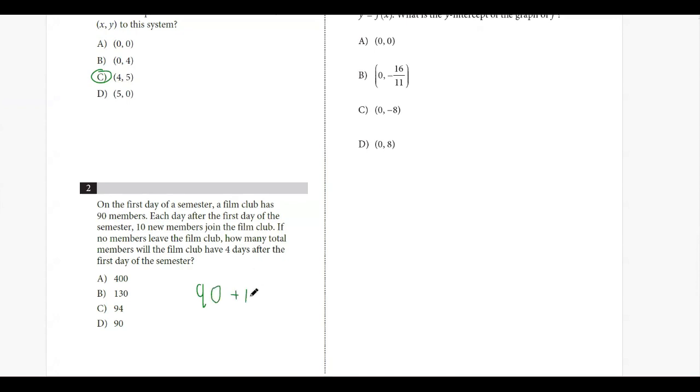Then each day, 10 new members join. We need to find this, but we know that t is 4. So it's going to be 90 plus 40, which is equal to 130. So B is the correct answer.